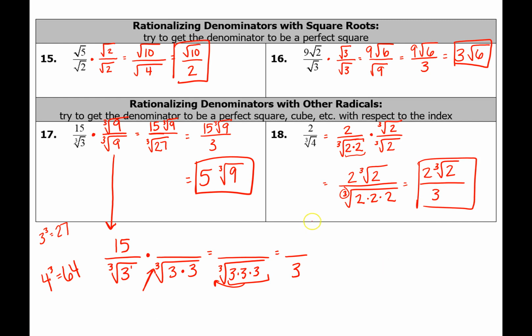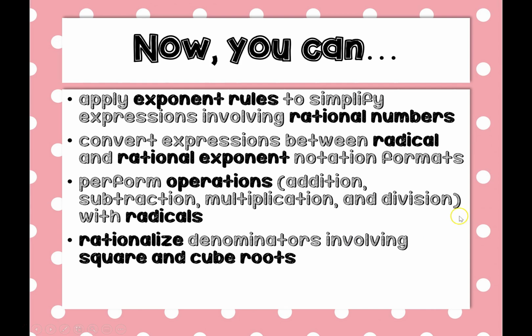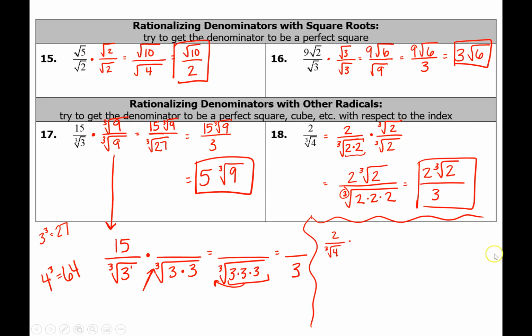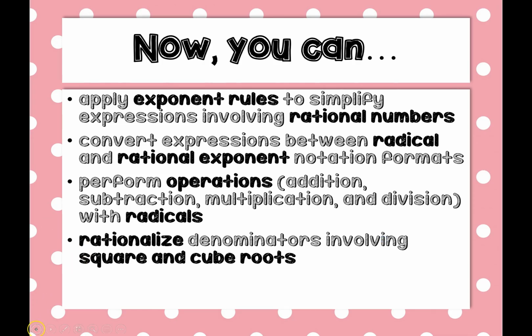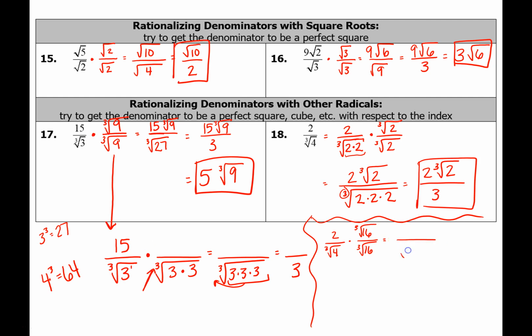If I had done this as a 4, so if I'd done 2 cube roots of 4, I would need to get up to 64, so I'd have to multiply by 16, 4 times 4, to get a triplet. If I did the cube root of 16, that would give me the cube root of 64 in my bottom, and 2 cube roots of 16 in my top.